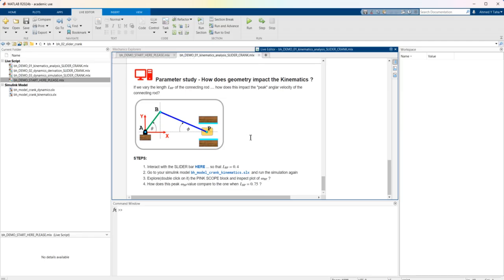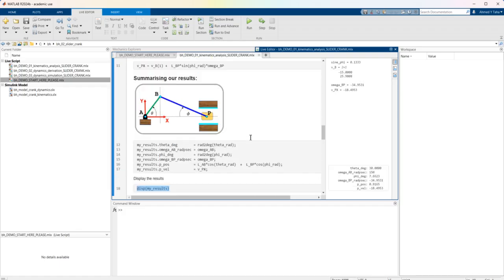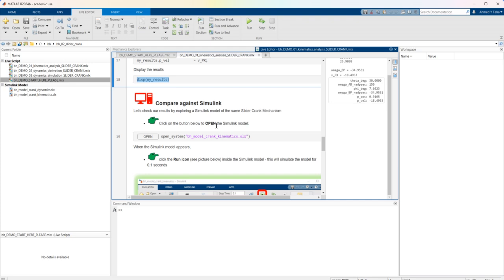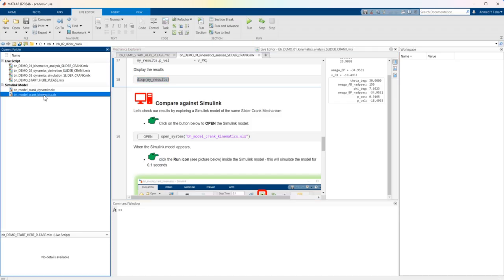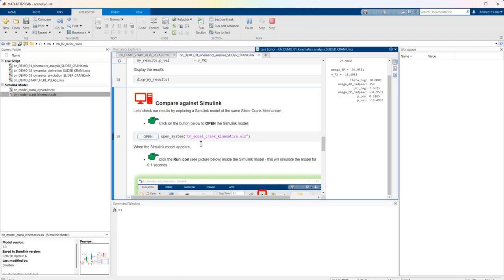Okay, so let's do that. So open the Simulink model for that, and actually that's the Simulink model we're talking about, the crank kinematics, and I can simply click on open. It's going to do the same thing as if I right click on that and open it. Okay, I'm going to open it from here.